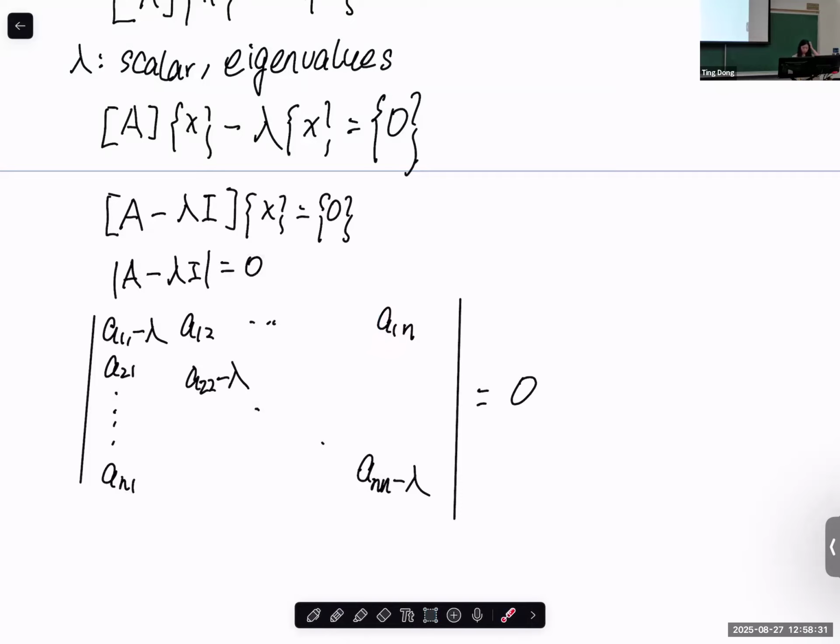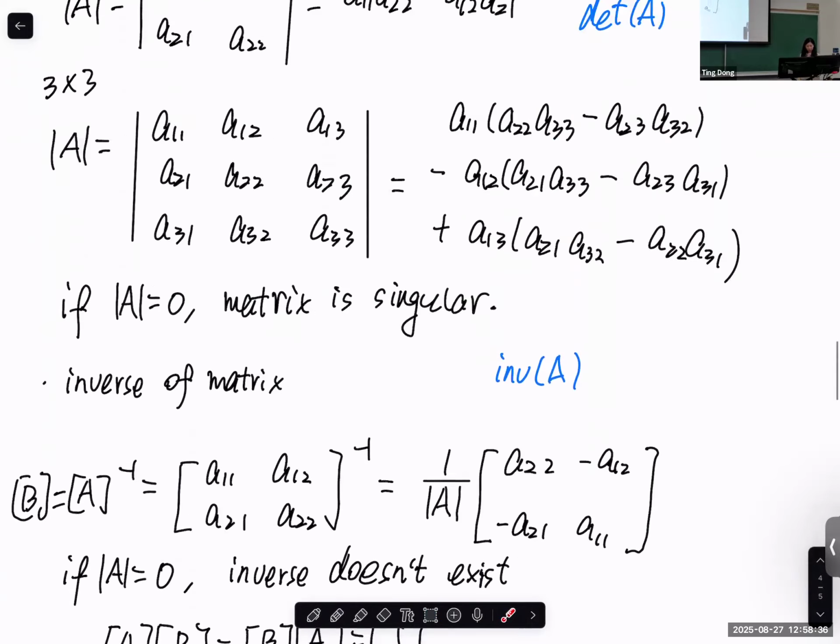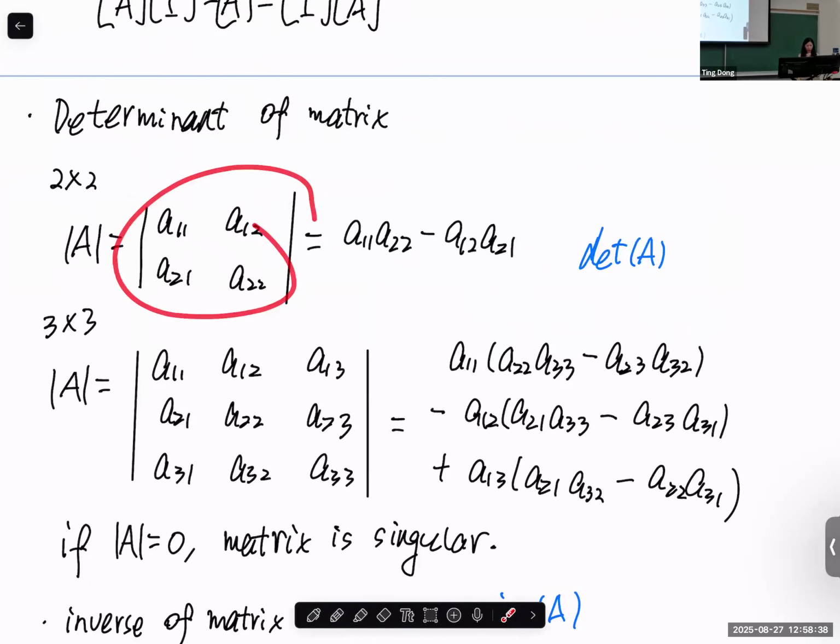And if it's 2 by 2 and 3 by 3, of course, hand calculation, we already showed how to calculate the determinant, right? So I do expect you to know how to calculate the eigenvalues of 2 by 2 and 3 by 3 in the exam. In your homework, anything higher than 3 by 3, use MATLAB.